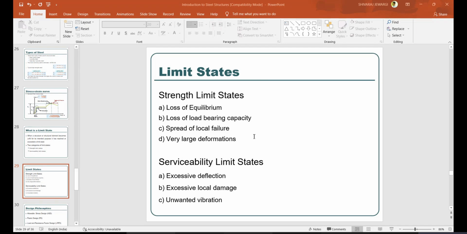Which means these are the standard available sizes of the steel structures which are readily available in the market. Directly we have to purchase it and then use it for the construction.